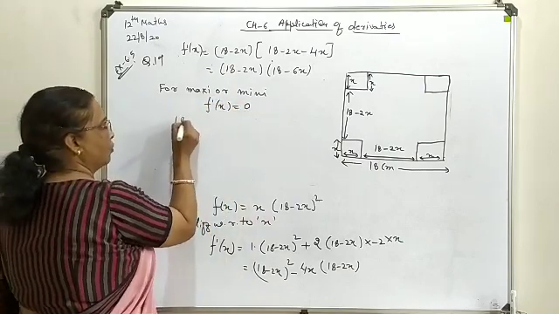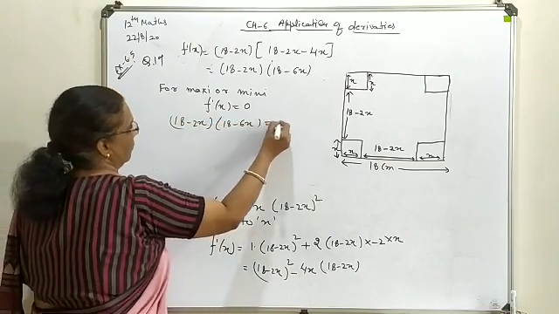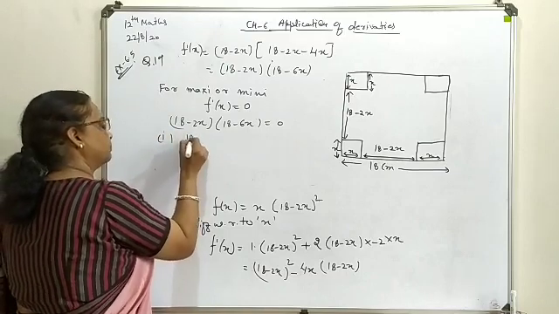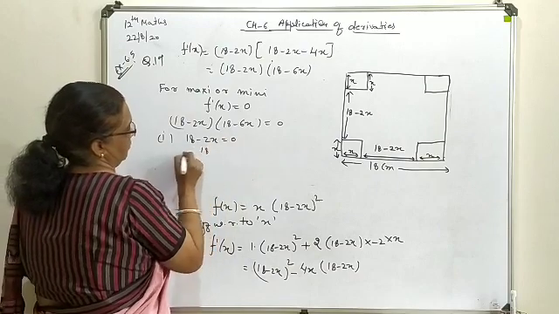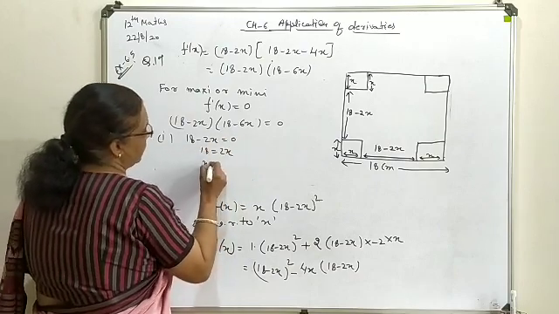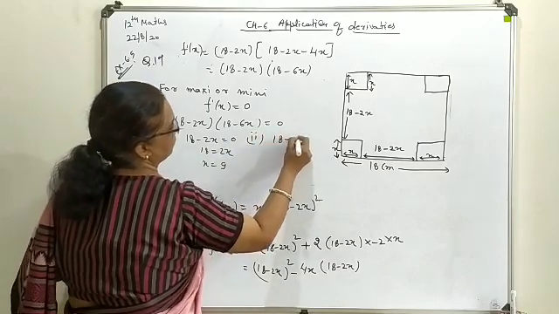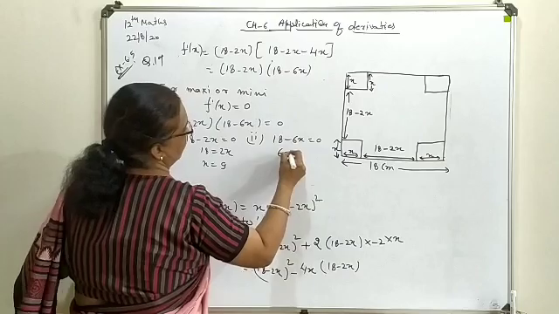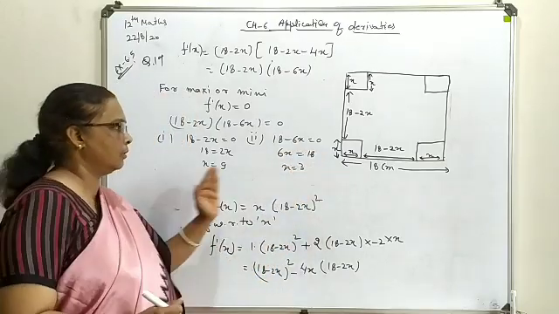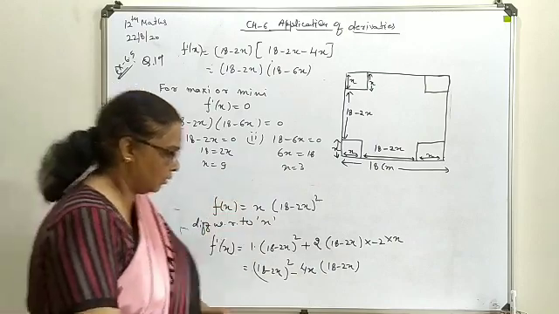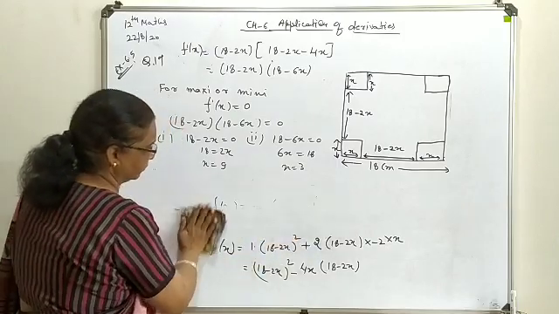So make these two brackets equal to 0. The first will give you x as 9, whereas the second bracket will give you x as 3. Now we will discuss the solution about these two. So before that we try to find out the second derivative over here.